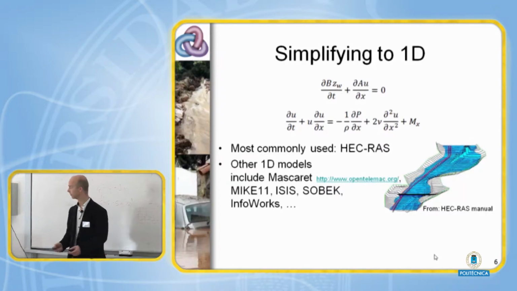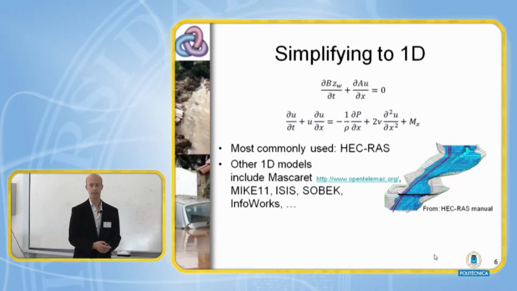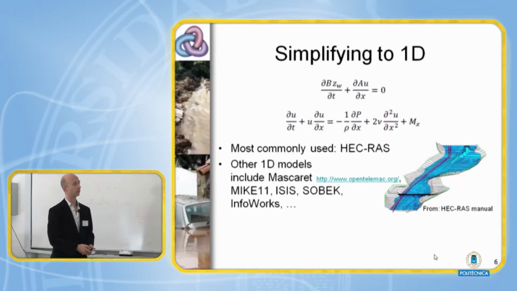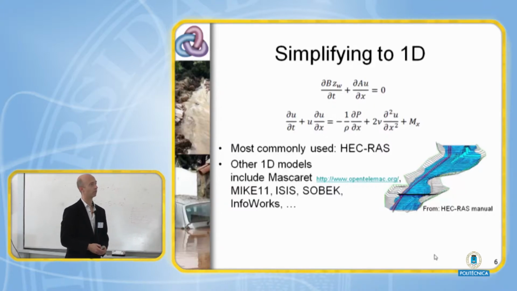We'll touch on the Mascaret system later, and that's the one we are aiming to include in the DRIHM platform. It's an open source model, so that makes it more attractive. Most of the other models are still closed source.